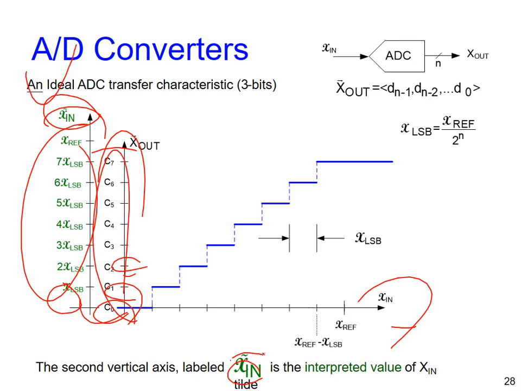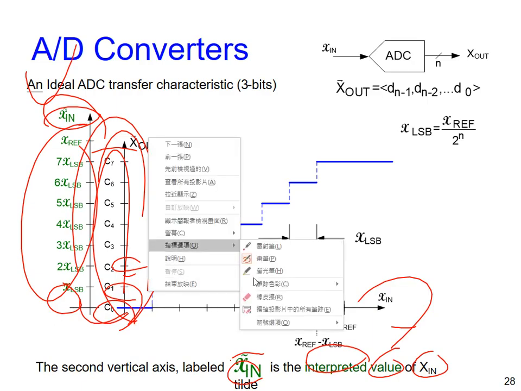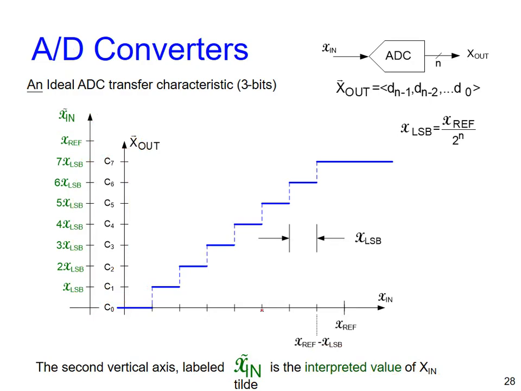That is the interpreted value of such a code. So hopefully, the real value for C1, this one, will be exactly the same as this. 2 here, 3 there, ideally. Okay?